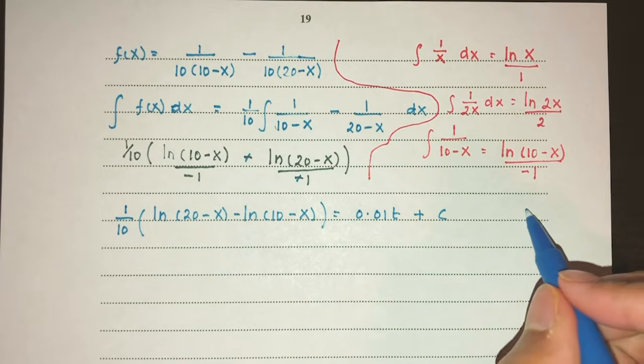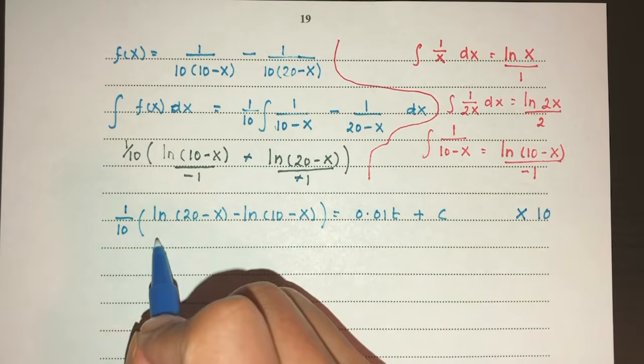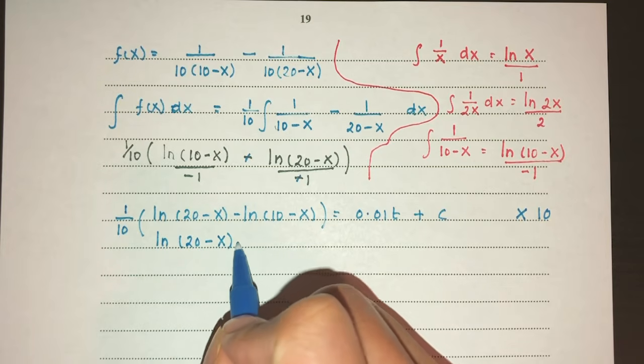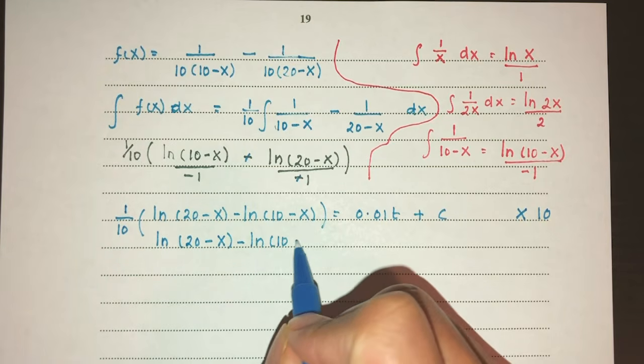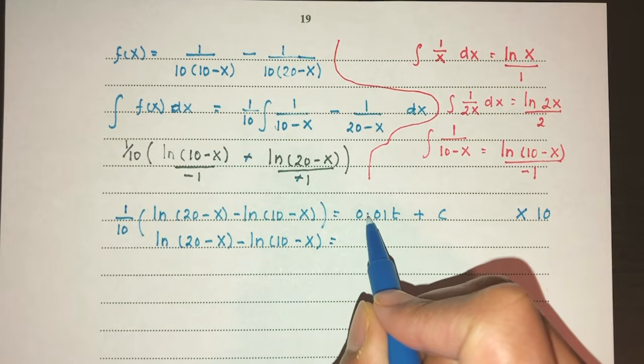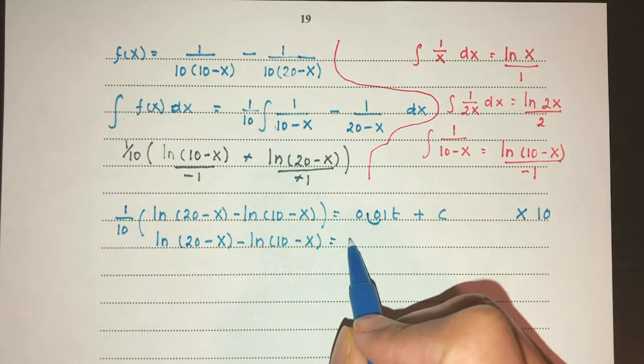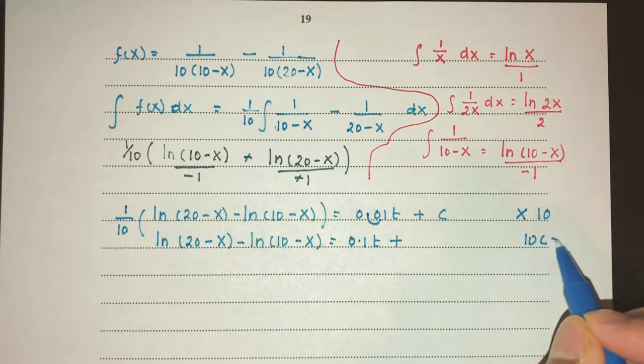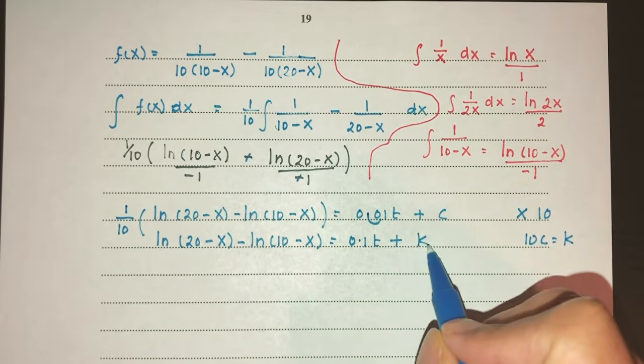So let's multiply by 10 everywhere. You have ln of 20 minus x minus ln of 10 minus x is equal to 0.1t plus 10c, we can write this down as a new constant k, plus k.